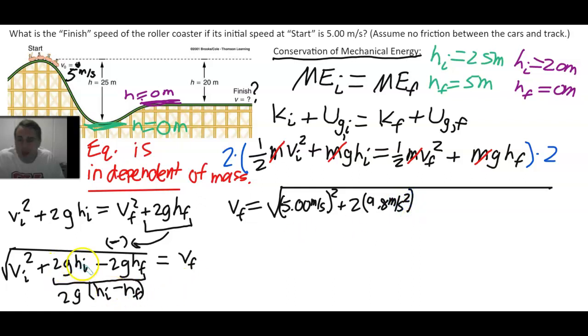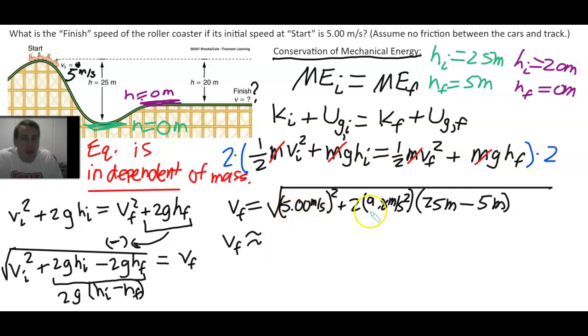Let's multiply it in this form where we've factored that out, and then h initial minus h final. So h initial is 25 meters minus 5 meters. So let's get this v final.